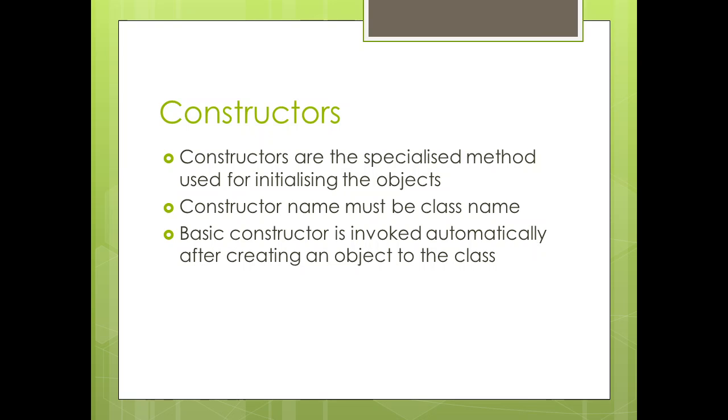The basic constructor is invoked automatically after creating an object of the class, whenever an object associated with the class is created. It is called a constructor because it creates the values for the data members of the class, and it also acts as a method of the class.